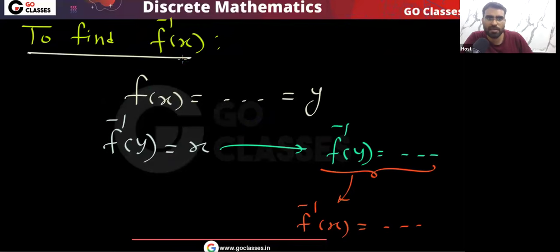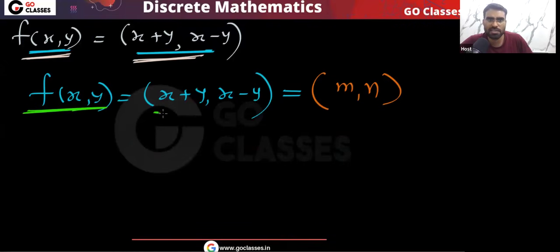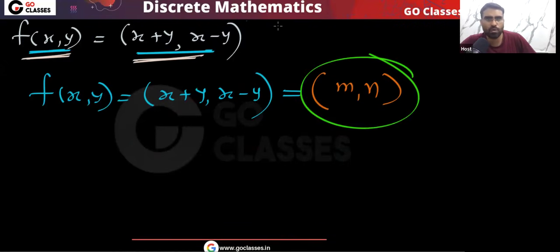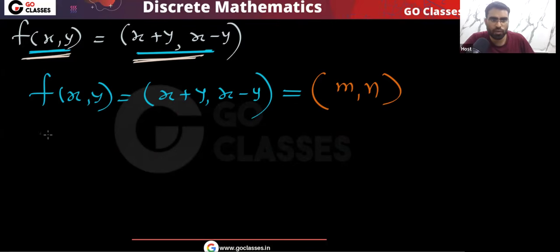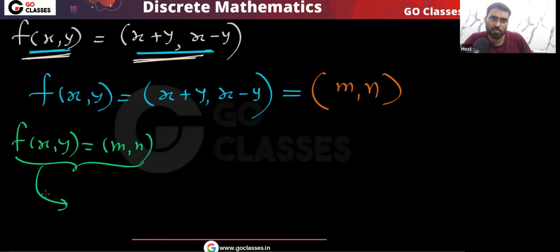The same method. To find f inverse of x, f of x is already given to you, assume that is y. The same thing we are doing: f of x comma y is given to you, so just assume that is M comma N. Now from here, f of x comma y is M comma N. From here, what did you get?